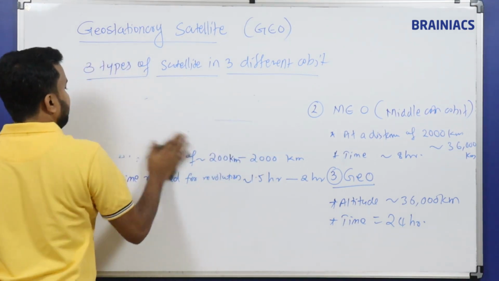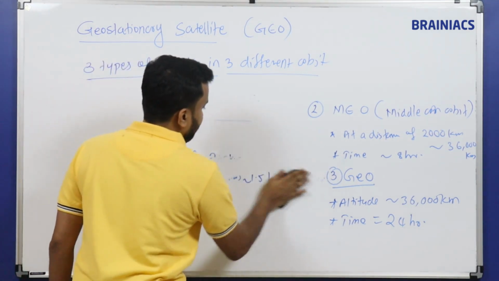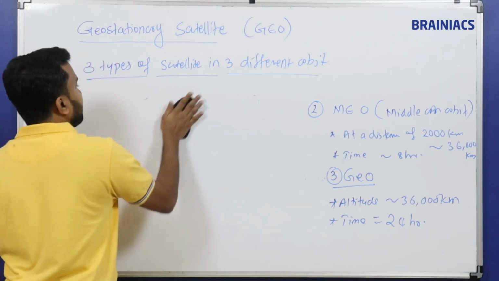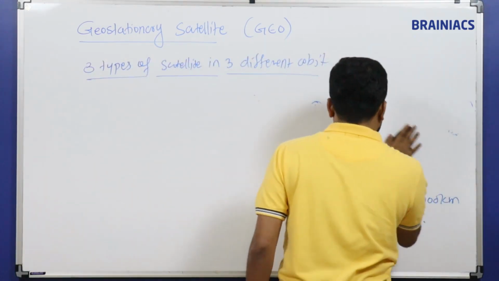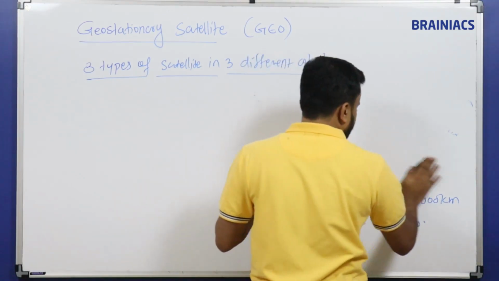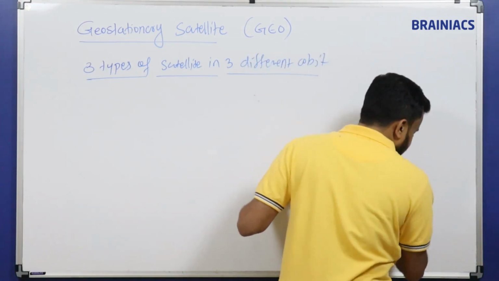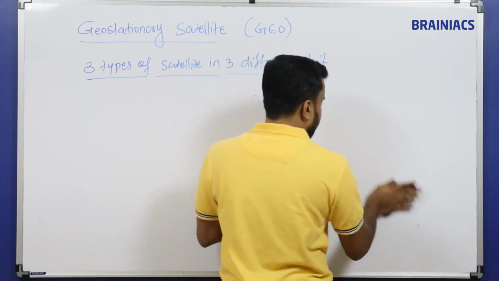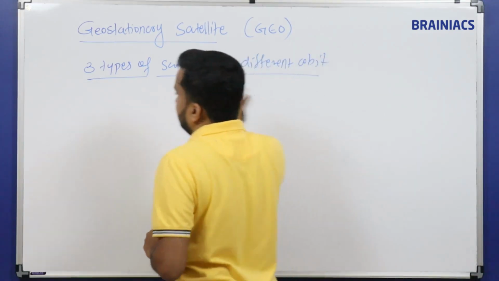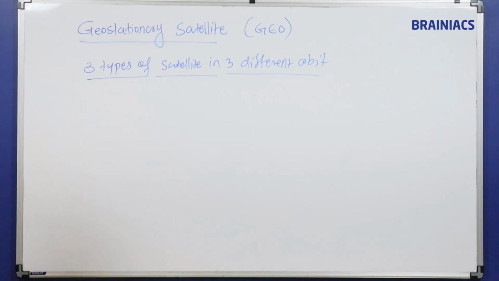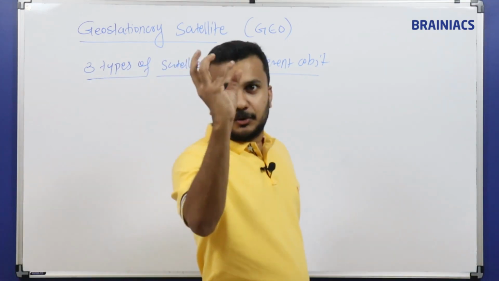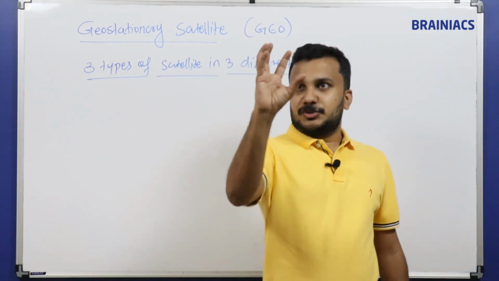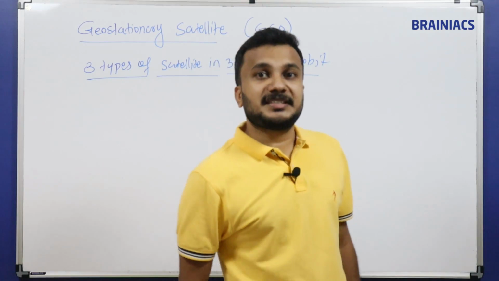If you look at the name itself, geostationary, stationary means it's not moving. The significance is like that. Earth takes 24 hours to complete a rotation, and a geostationary satellite also rotates in 24 hours, with the same speed.